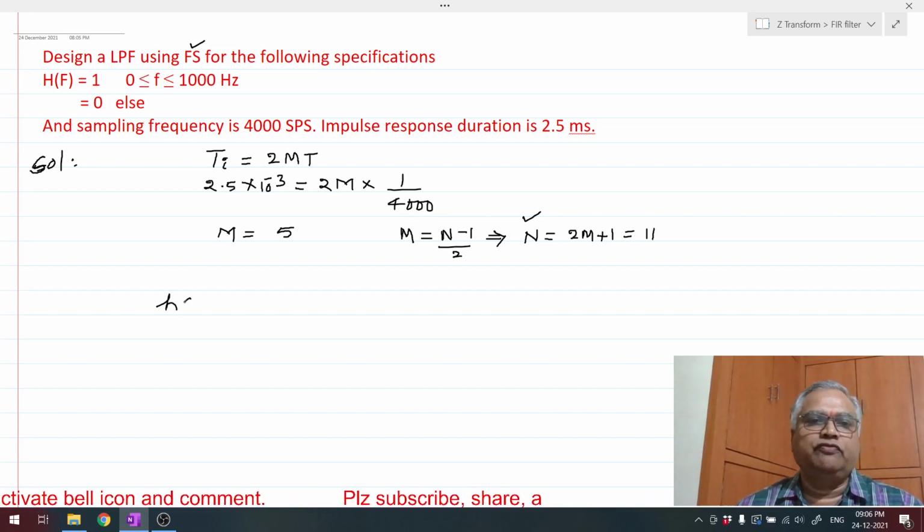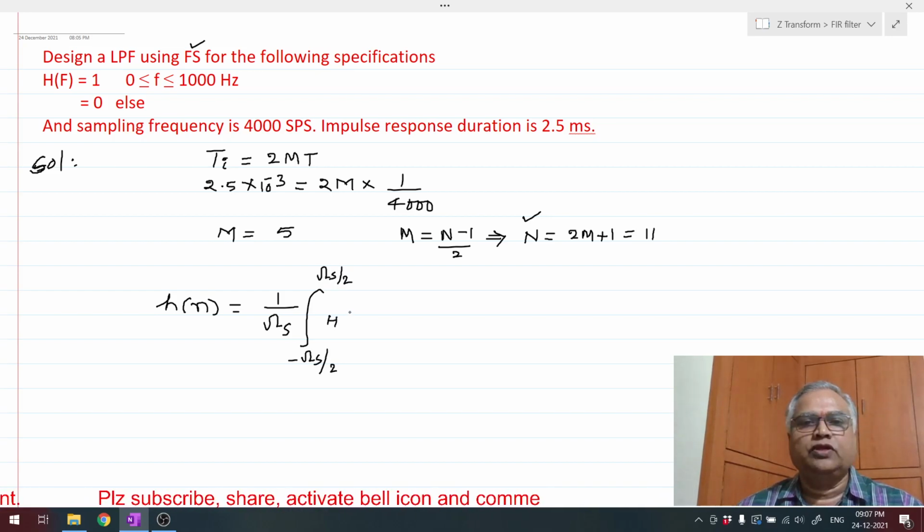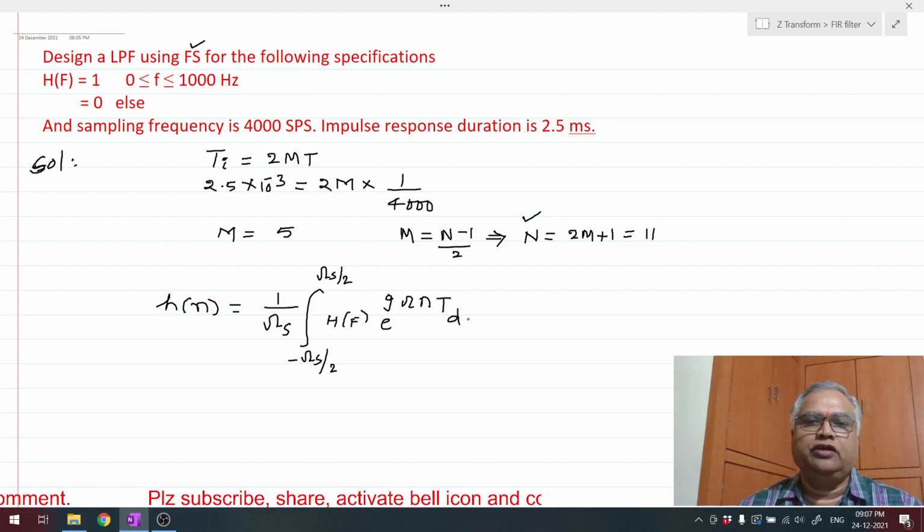So what is the general formula for h of n? This you have to remember. h of n equals 1 by omega s integral from minus omega s by 2 to plus omega s by 2 of H of omega and e power j omega n T d omega.